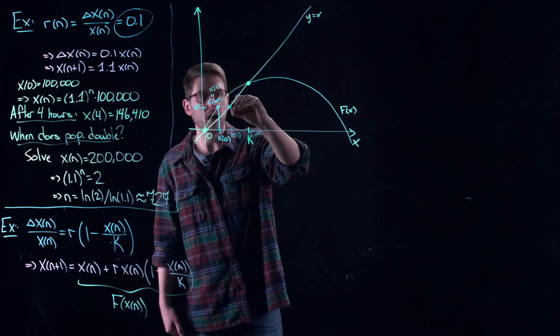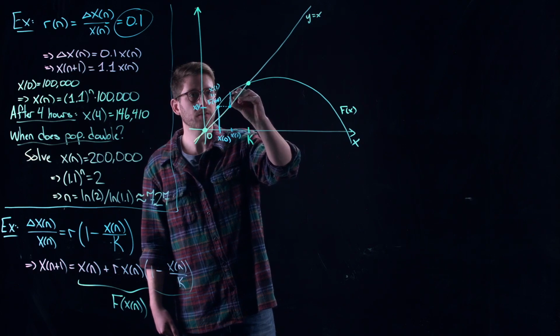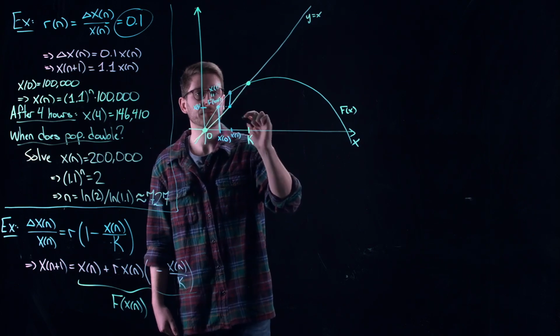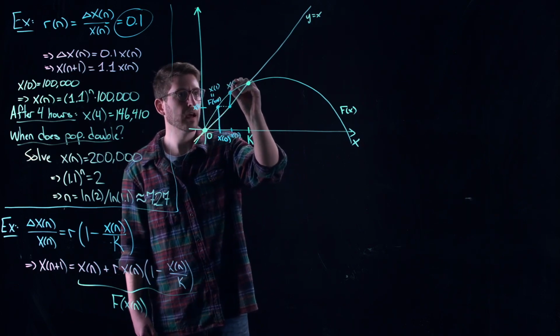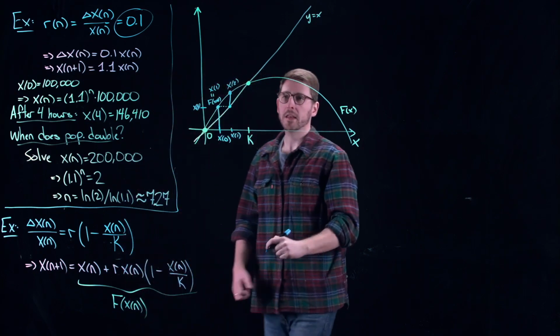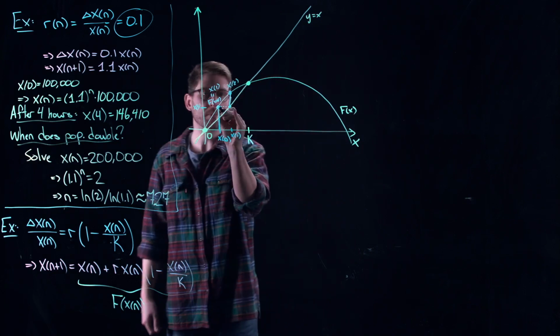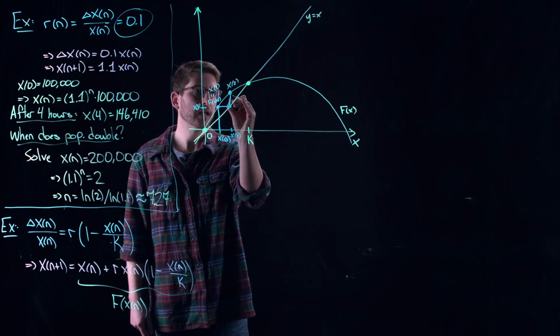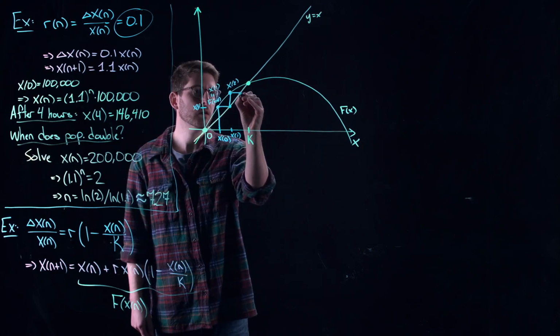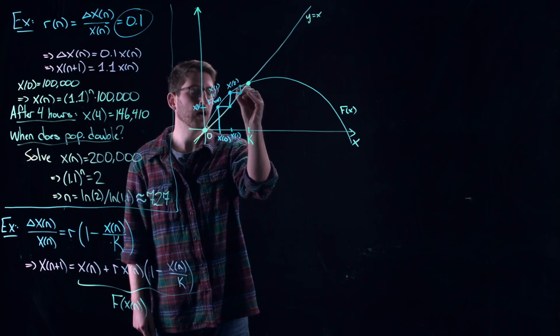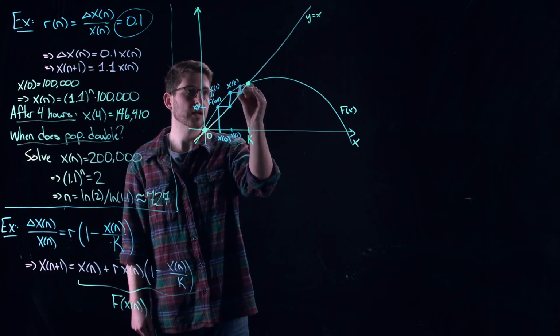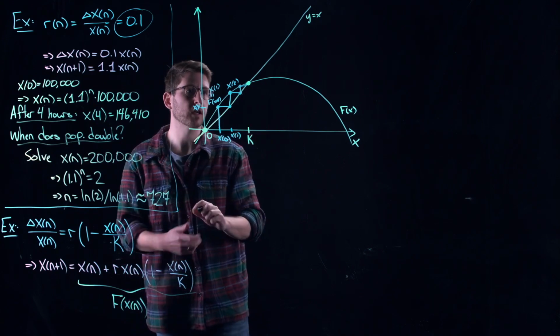And I could trace that up, and I could find the next iterate on my graph. So this would be x of 2. Now you can see that things are getting a little messy, but I can basically repeat the same procedure. I trace myself over, and then I go vertically up to the curve. Then I trace myself over, and go vertically up to the curve.